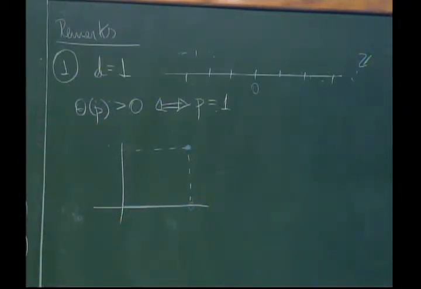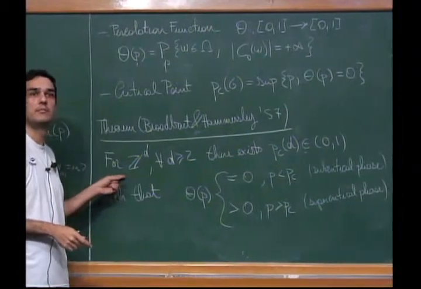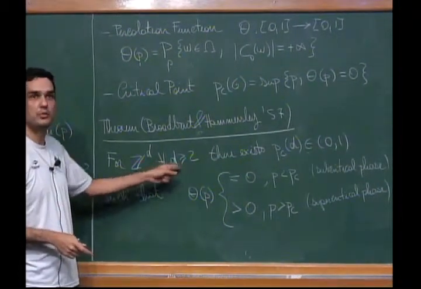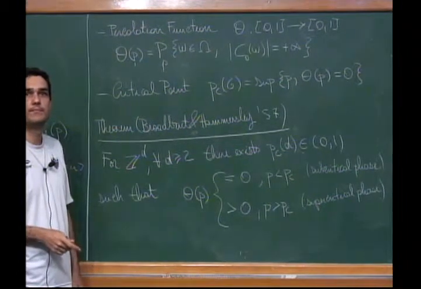Is it clear? That is, this case does not fit in this theory. This is the reason d should be at least 2. Okay?